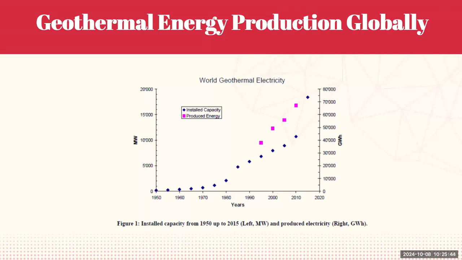By 2015, the world reached around 70,000 gigawatt hours of geothermal electricity production, with over 13,000 megawatts of installed capacity. This growth reflects the expanding role actually of geothermal energy in the global renewable energy landscape.